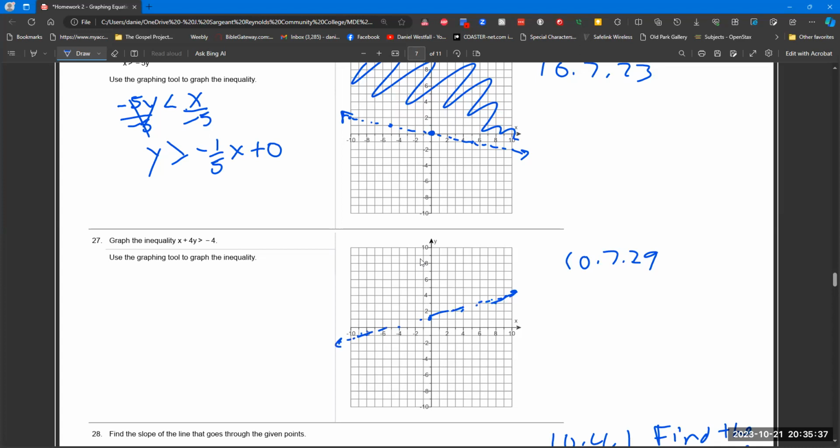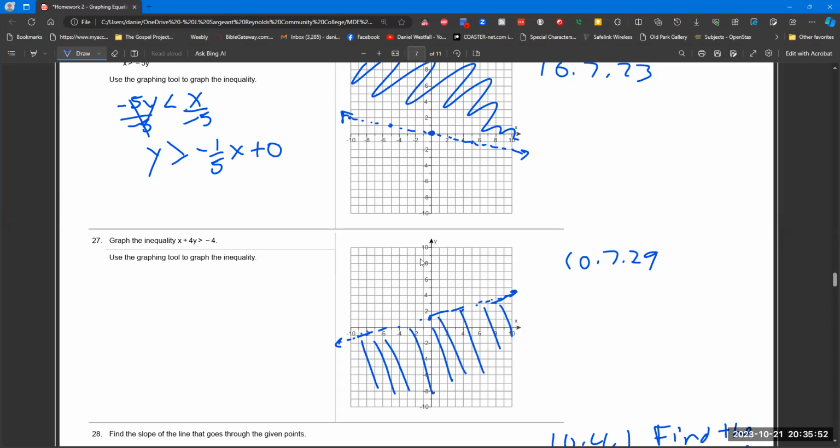All right, and I am going to use the test point 0, 0. Is 0 greater than -4? It is. So I'm going to shade on the side here with 0, 0.